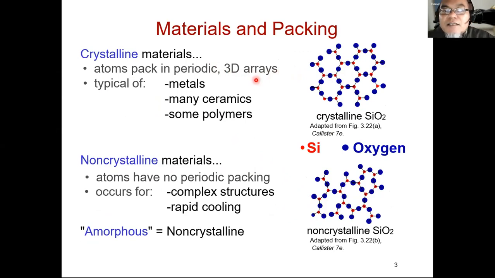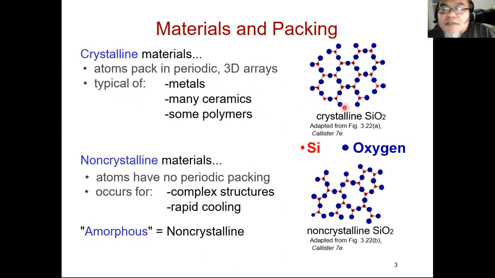That is why crystalline materials are usually more stable. They have larger melting temperature and smaller thermal expansion coefficient, etc. This typically occurs with metals, many of the ceramics are also in the crystalline state, and some of the polymers.